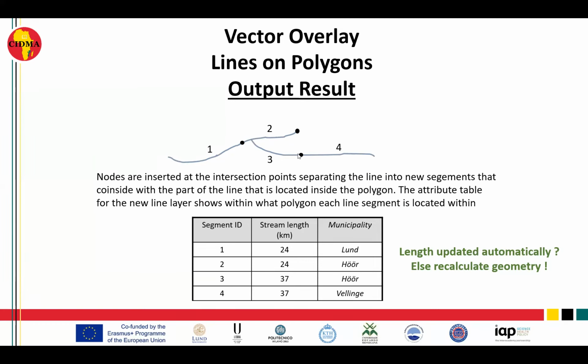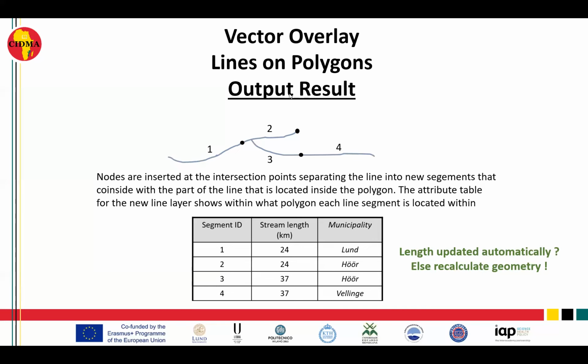And then this segment of the river belongs to one municipality, in this case, Hör. And then this final segment of the stream or river belongs to yet another municipality. So nodes are inserted at the intersection points, separating the line into new segments that coincide with the part of the line that is located inside the polygon.